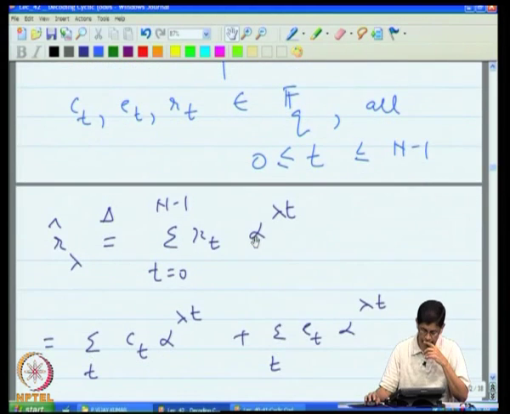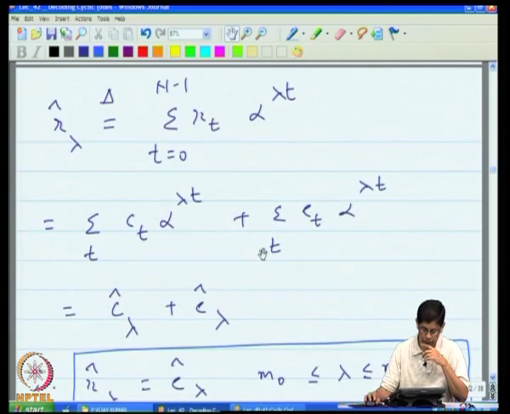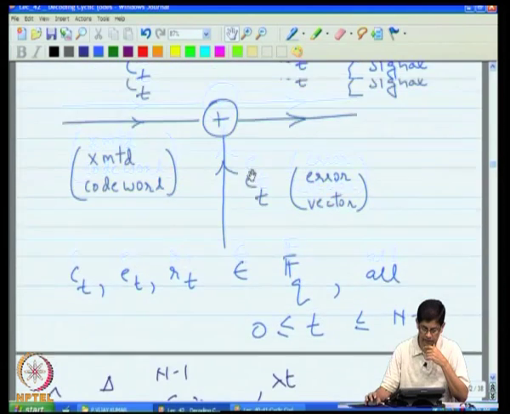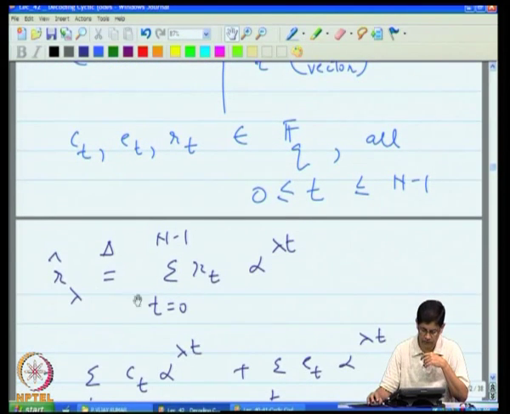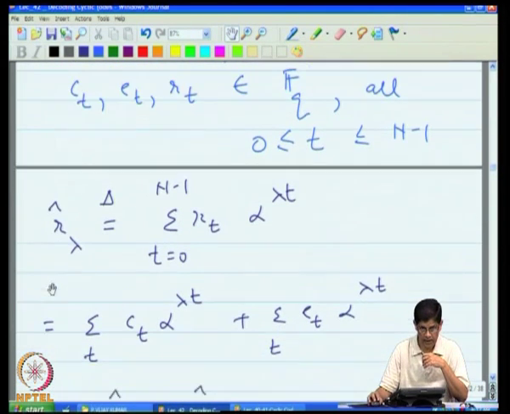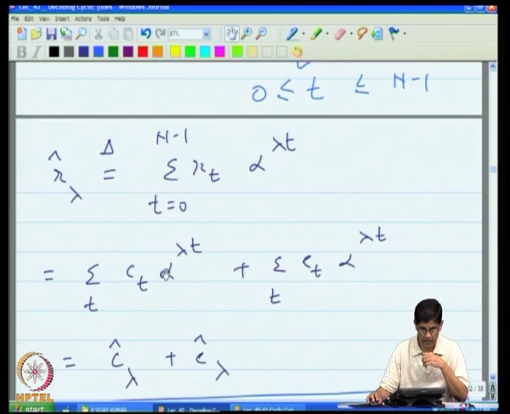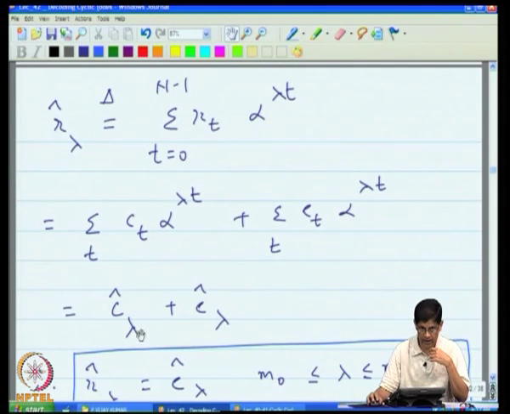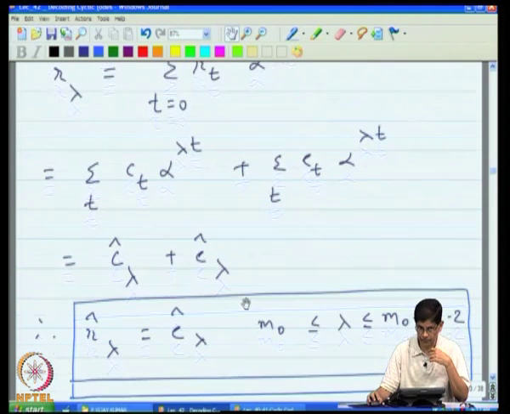All right. Now, what we are going to do is consider the transform of the received vector. So, r of t is the received vector here, and consider its transform, which is given by this expression. R hat lambda is the sum of r t alpha to the lambda t, and now r t can be broken up into c t and e t, and this is c hat lambda, that is e hat lambda.